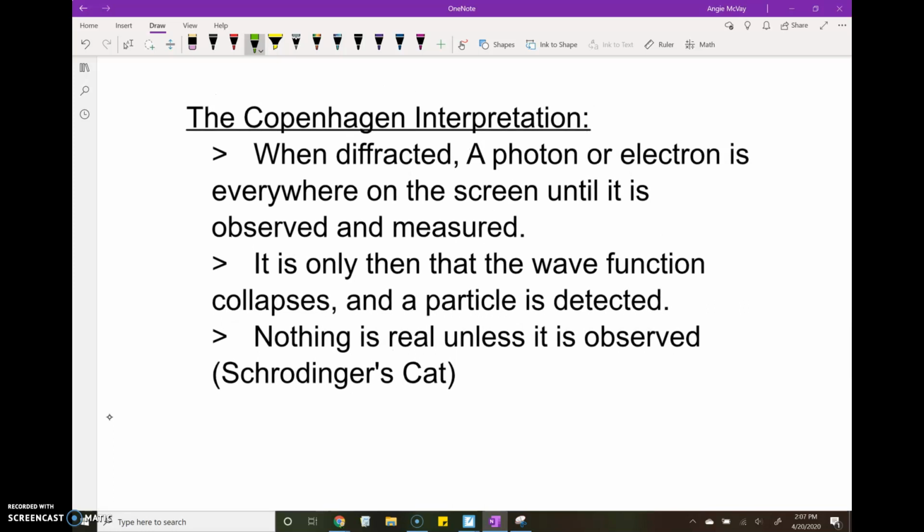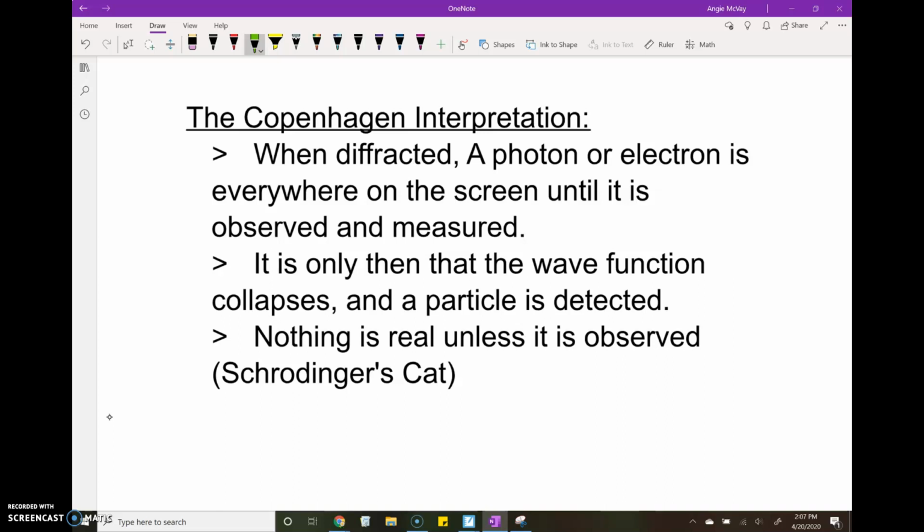There's something called the Copenhagen interpretation of Schrodinger's theory. When diffracted, a photon or electron is everywhere on the screen until it is observed and measured. This is a common conceptual aspect of quantum mechanics that quite a few people know about.